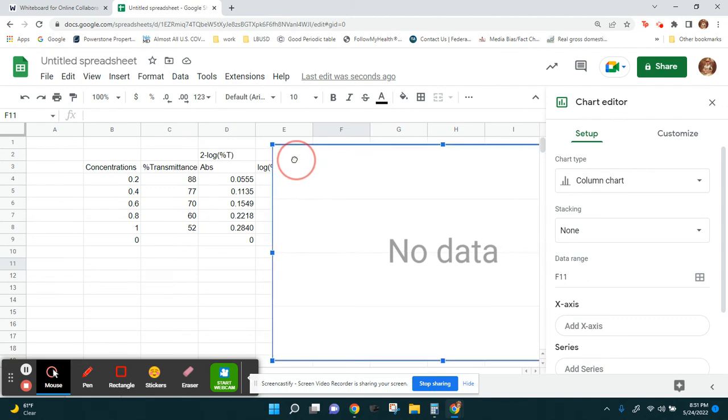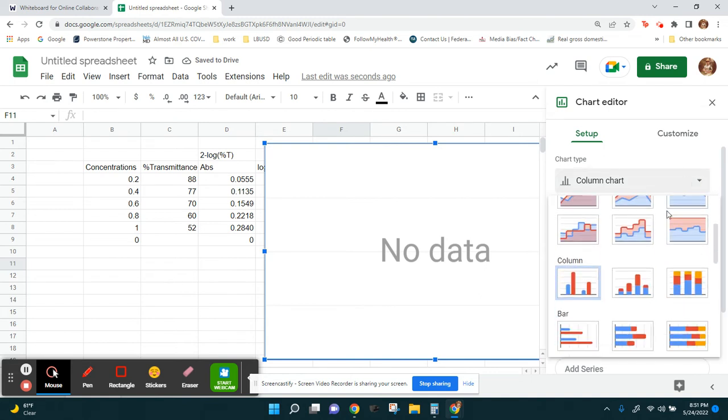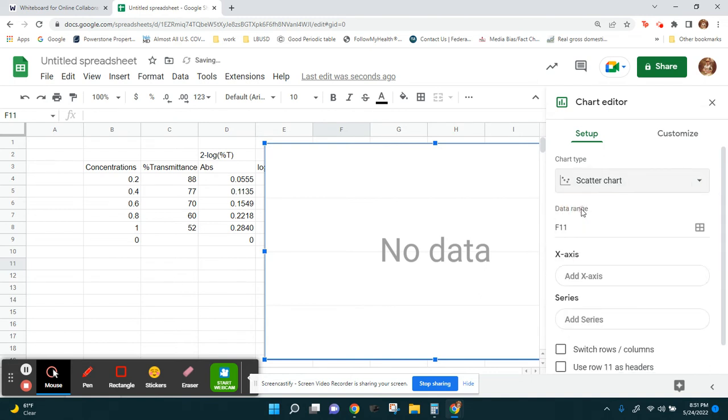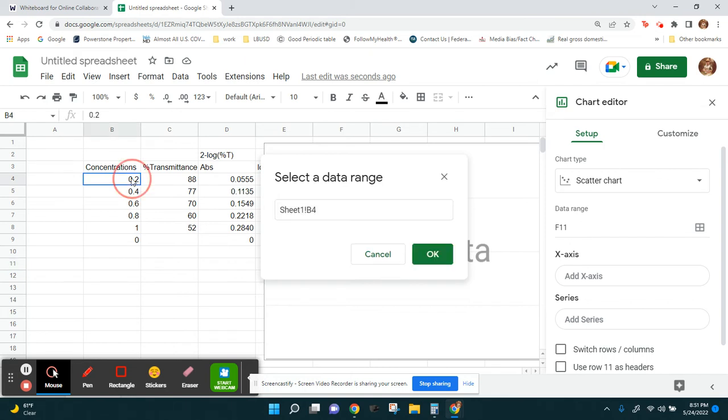I'm going to move this out of the way so I can see what I want to graph. I'm going to go to chart type and set it to scatter. And then for my x-axis data range, I'm going to get all the concentrations here on my x-axis.